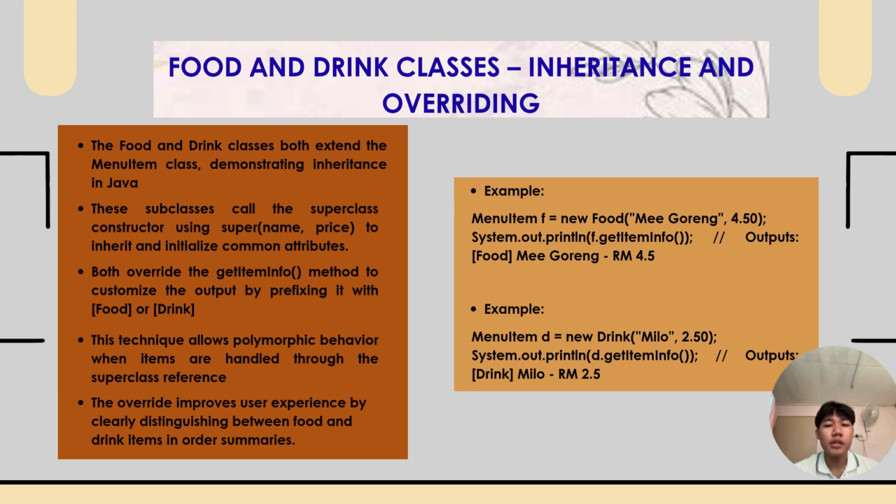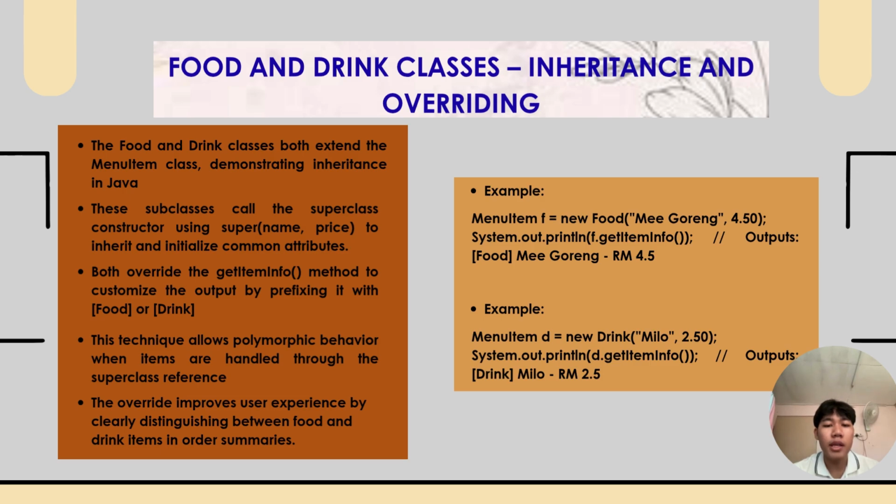Food and drink classes for inheritance and overriding. The food and drink classes both extend the menu item class, demonstrating inheritance in Java. The subclasses call the superclass constructor using super, which is name and price, to inherit and initialize common attribute.